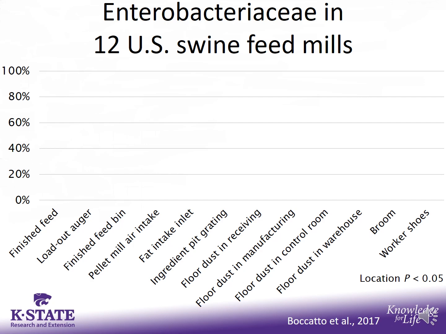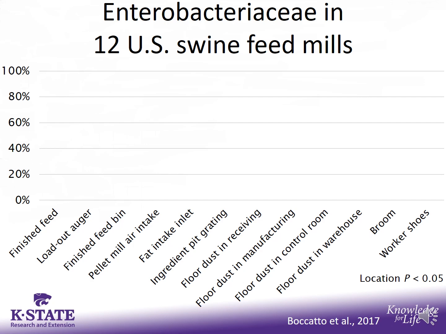And we've been sampling them over 3 different time periods in the fall, winter, and summer, and determining their overall contamination rate. In this case, we're actually measuring Enterobacteriaceae, commonly termed EBAC, which is commonly used as an indicator of overall hygiene in the rendering industry, the pet food industry, and the human food industry.